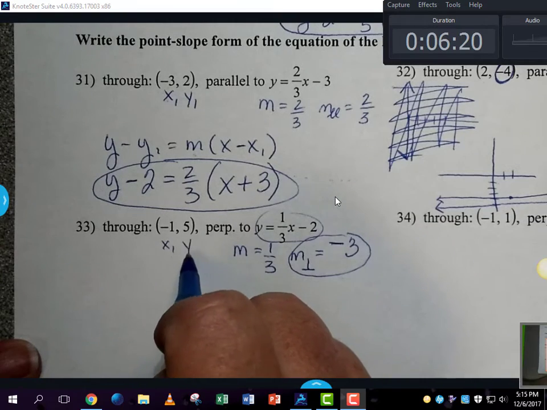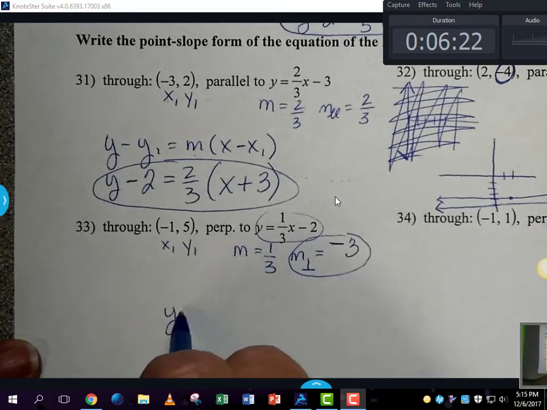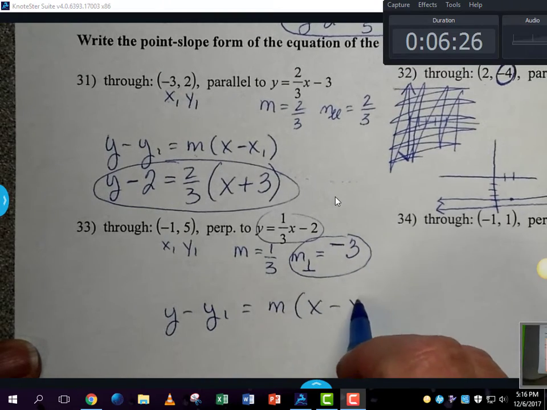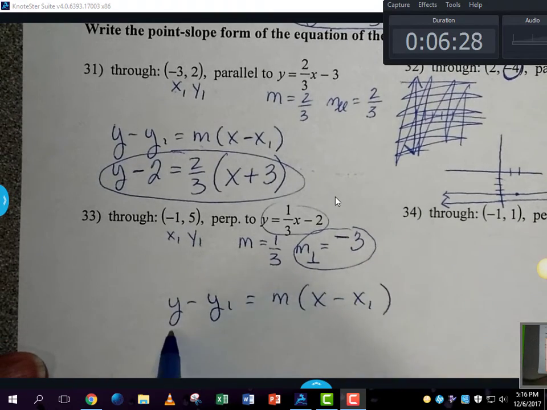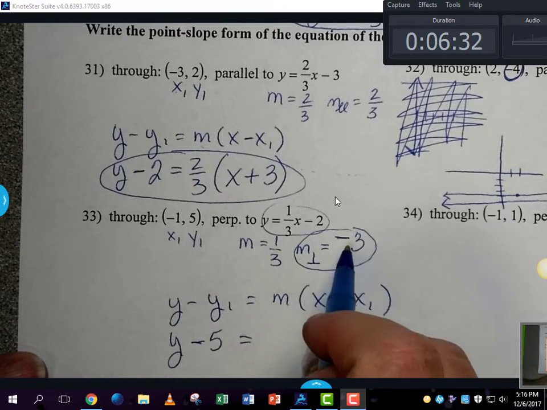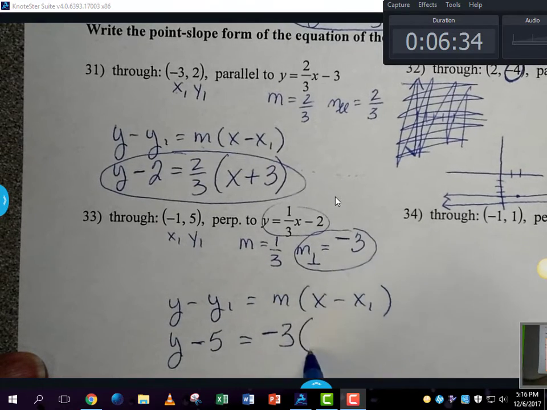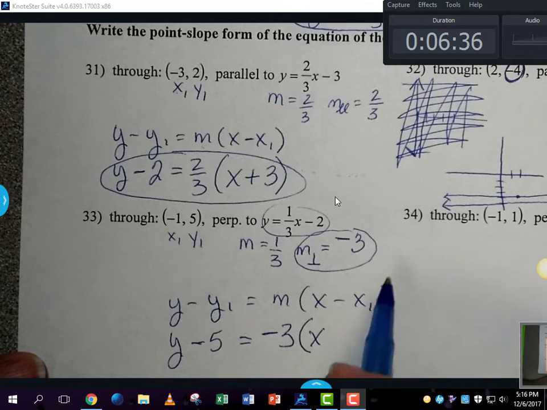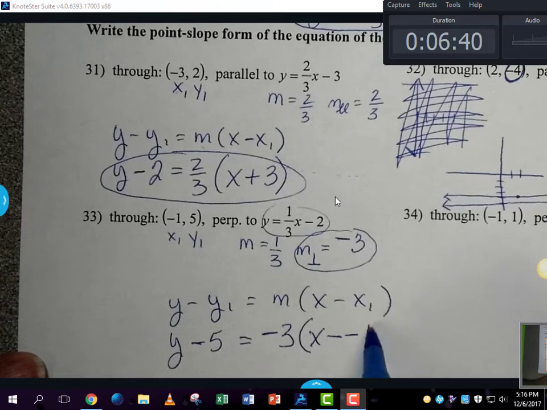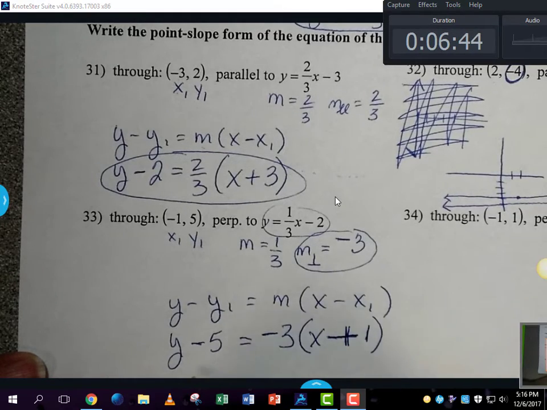Here is x1, y1. So I have y minus y sub 1 equals m times x minus x sub 1. So I'm going to have y minus 5 equals m, which we just said is negative 3, times the quantity x minus negative 1. When we subtract a negative, we are really adding.